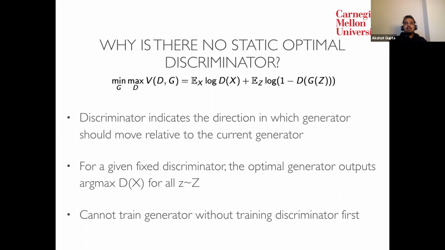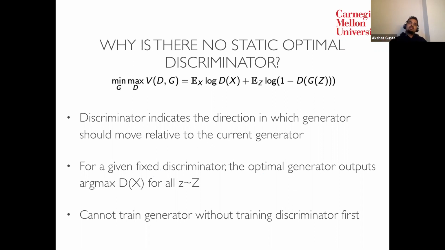The idea behind this is that the discriminator indicates the direction in which the generator should move relative to where the generator currently is. And again, by definition of what the discriminator is doing, it's outputting the ratio of the probability of data being from the actual data distribution divided by the sum of the probabilities of it being from the actual and the generated data distribution.